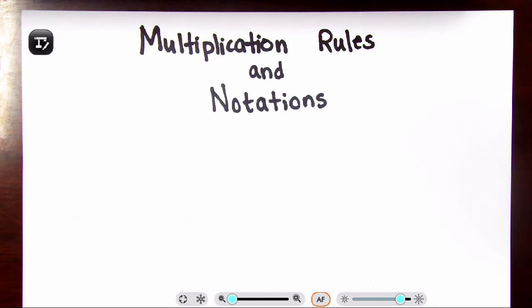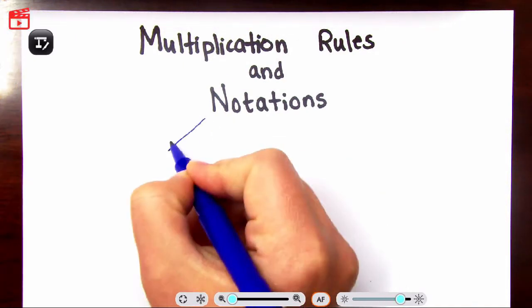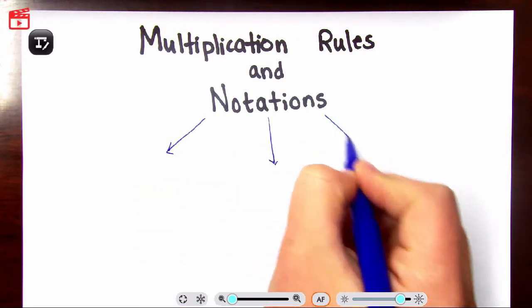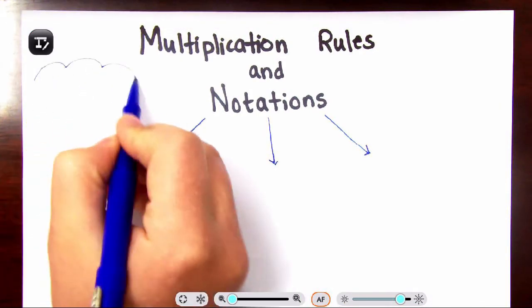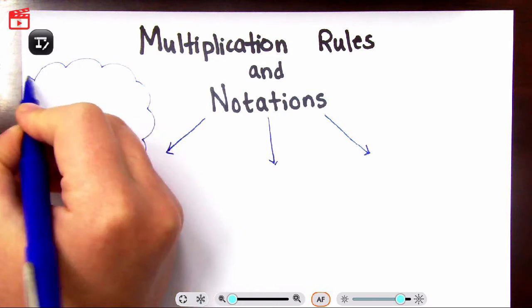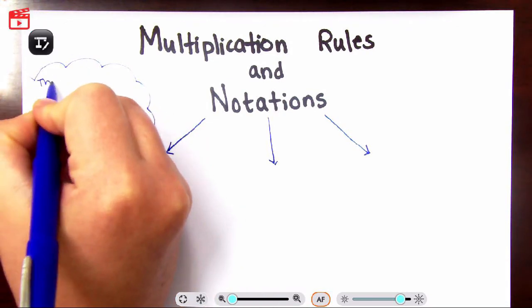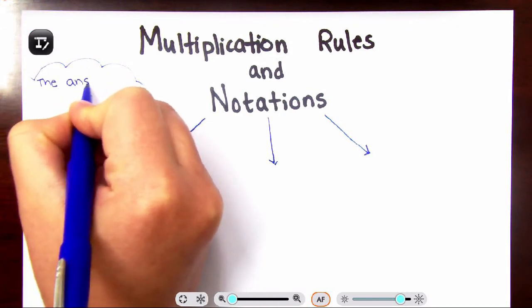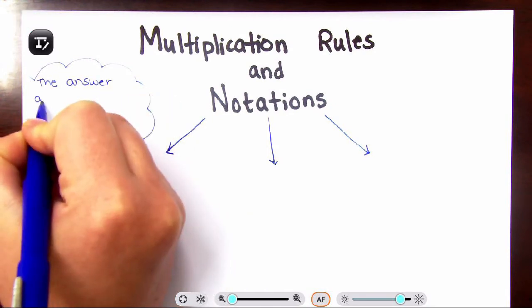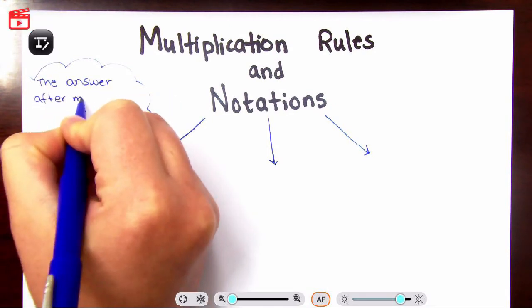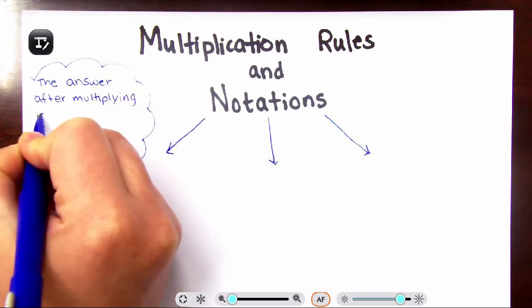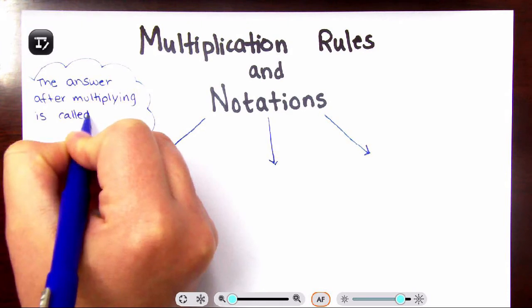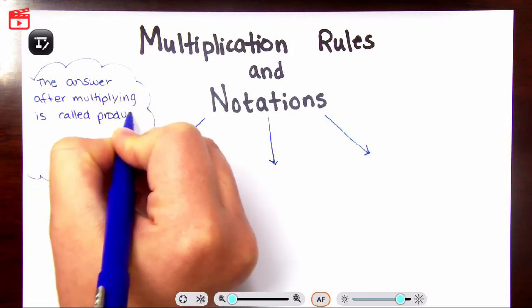There are different ways your teacher could ask you to find the product. When we are multiplying, we're asking for the product. Before we get too far, let's make that thinking bubble. The answer after multiplying is called the product.